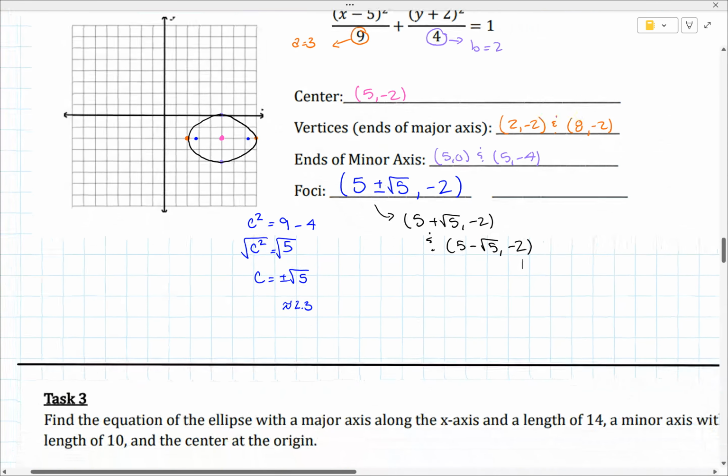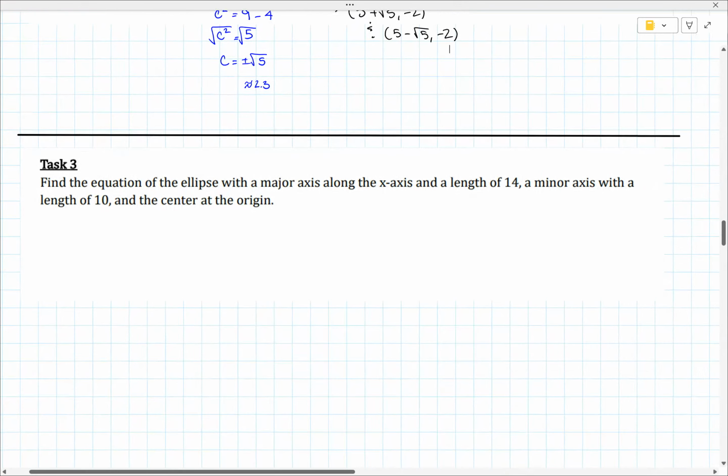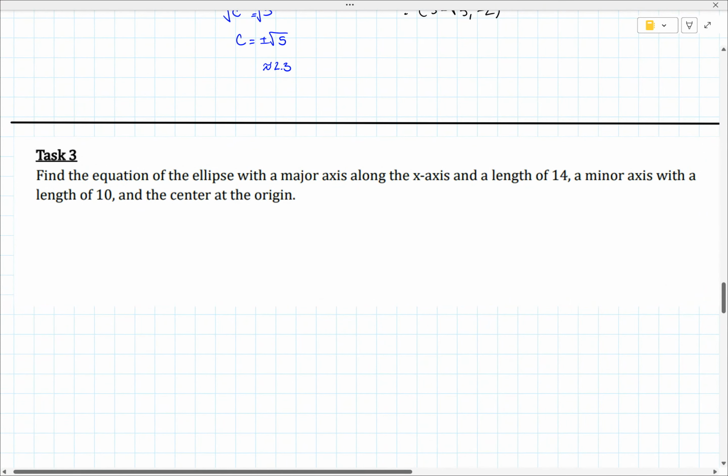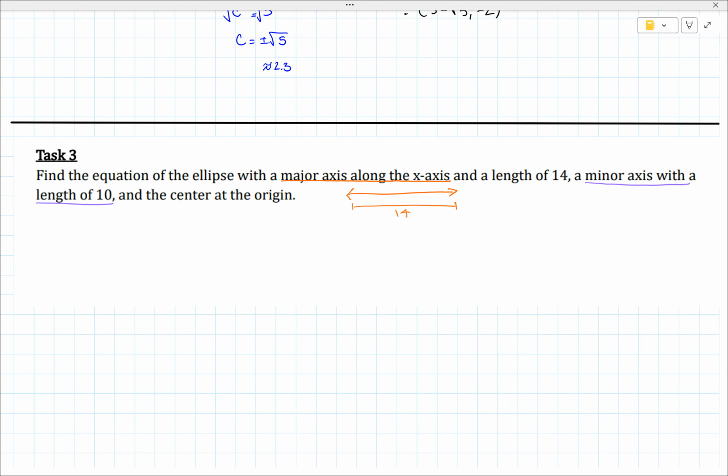I'm going to point out some information, and then I want you to give it a try. So we are going to write the equation for an ellipse, and we have a major axis that is along the x-axis. So that tells me my major axis is going horizontally, and the full length of that is 14. We also have a minor axis with a length of 10.